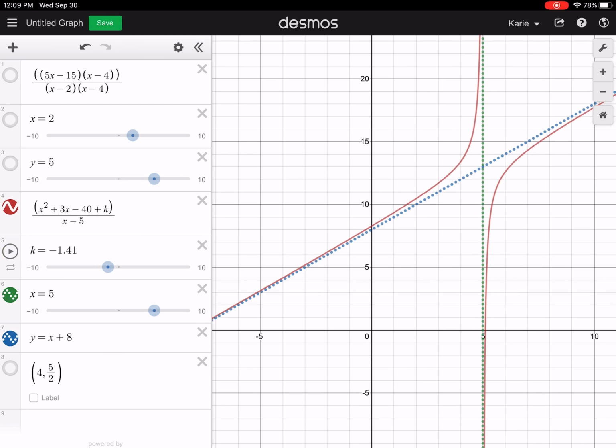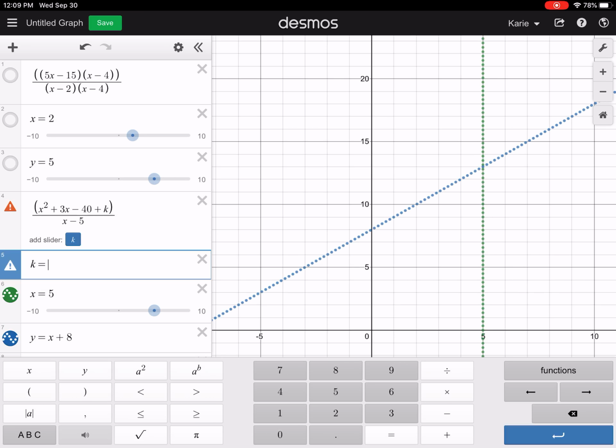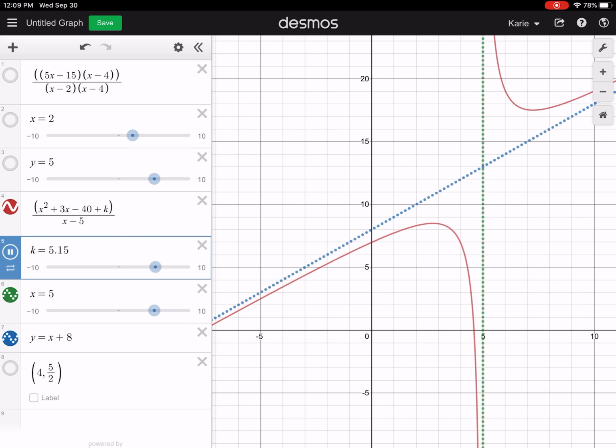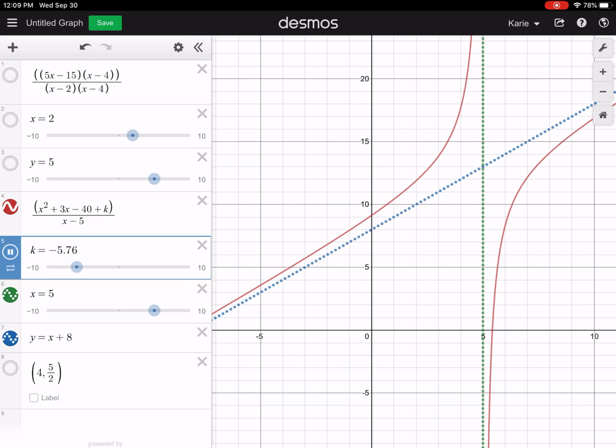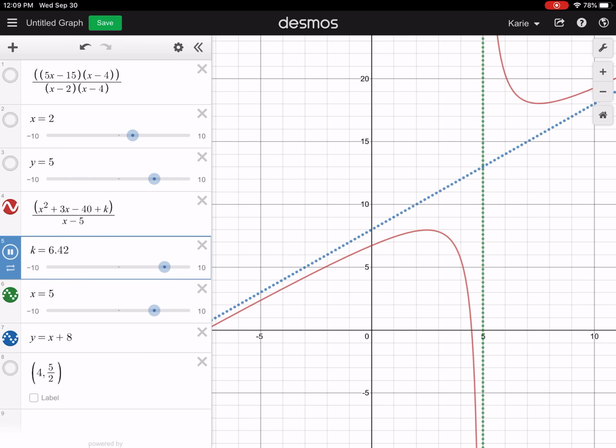Let's see what happens when k is equal to 0. Sure enough, it's just that line. It's a line with a hole and not a function with an asymptote. So I just need to make sure that k is not 0. I enjoy how Desmos can do that for us. So you can pick any k value.